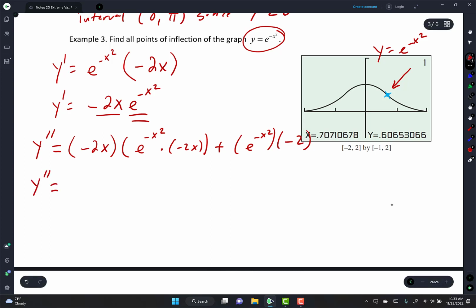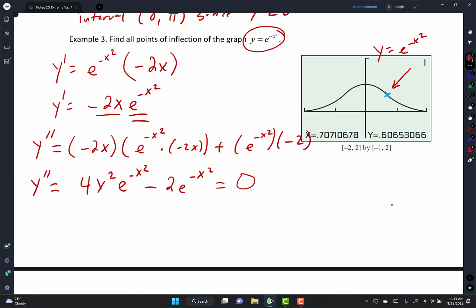Let me go ahead and see if I can make this pretty. Negative times a negative is a positive, so I see 4x squared e to the negative x squared minus 2e to the negative x squared. I'm going to set this equal to 0 because I know that I have a point of inflection whenever my second derivative changes signs from positive to negative or negative to positive, right?